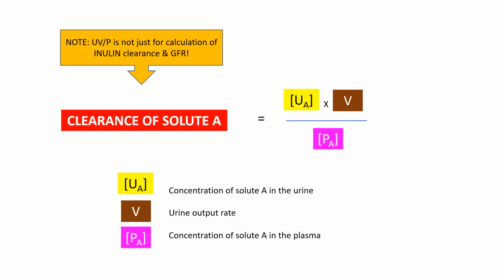However, when we use this equation to calculate the clearance of any solute other than inulin, it should be noted that the calculated clearance value does not tell us if the solute is cleared by glomerular filtration alone, glomerular filtration plus tubular secretion, or glomerular filtration minus tubular reabsorption. It just tells us the rate of clearance for the solute of interest.